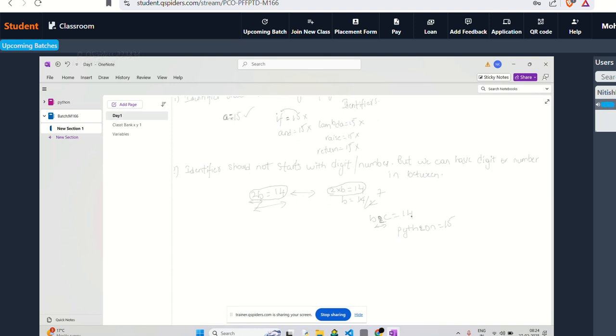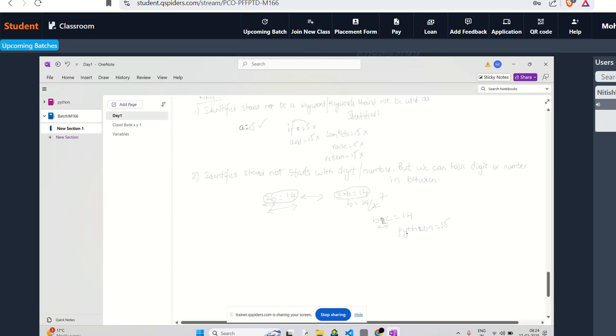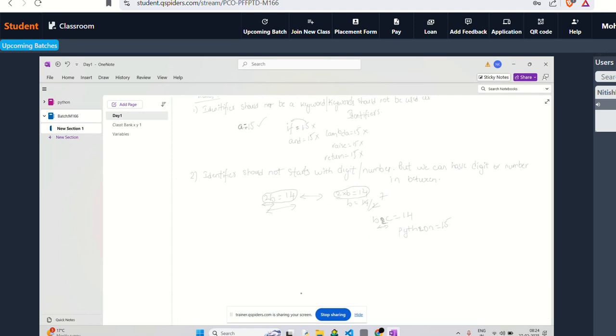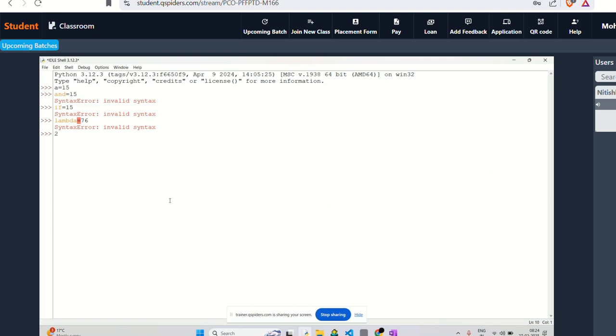I can create like this. See, it is throwing error at the start, but I can have number in between. This is the second rule.